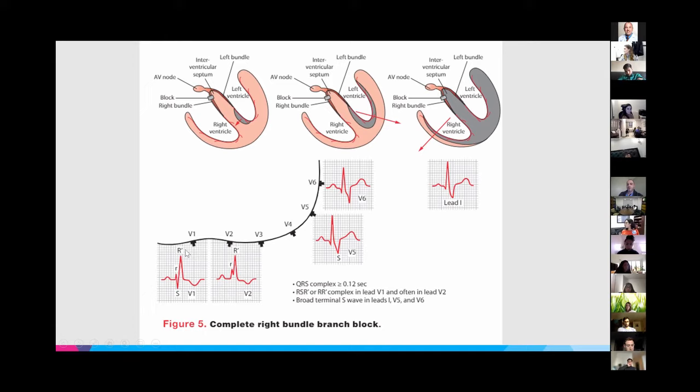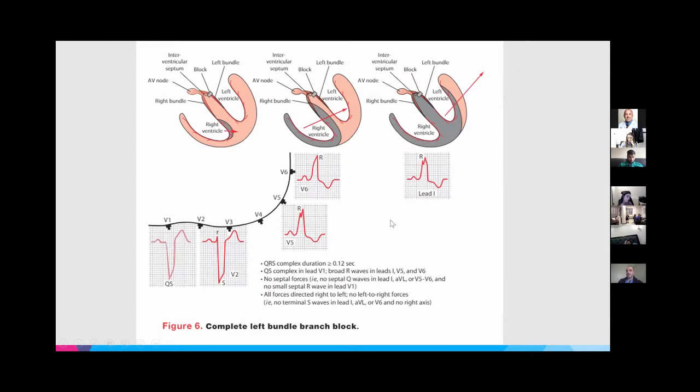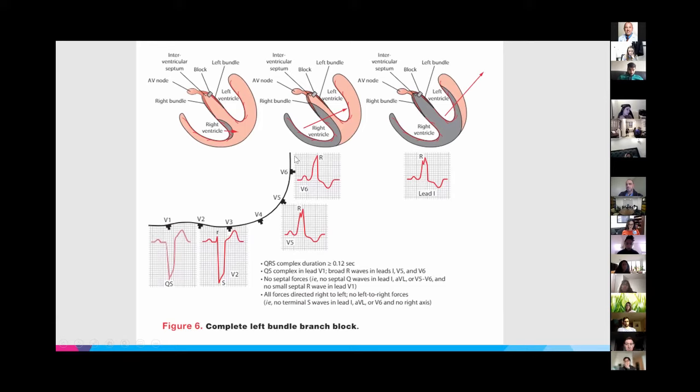Because the R prime is really that delayed right ventricular depolarization that you see. And that's going to be important because in ventricular tachycardias, you'll have a little bit of a different situation. We'll go over that.